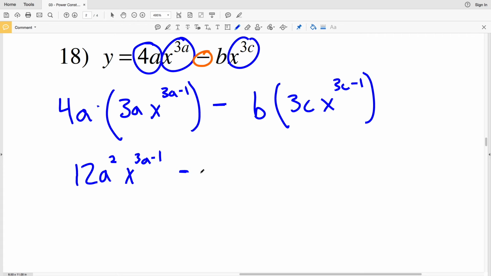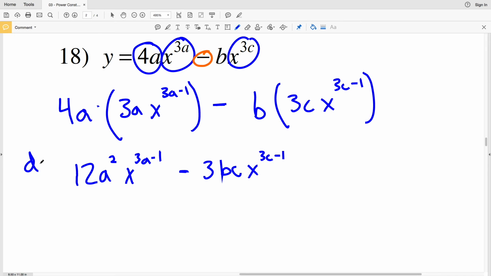Then we're subtracting b times 3c times x to the 3c minus 1. So that's going to be subtracting 3 times b times c times x to the 3c minus 1, because 3c minus 1 can also not be simplified.